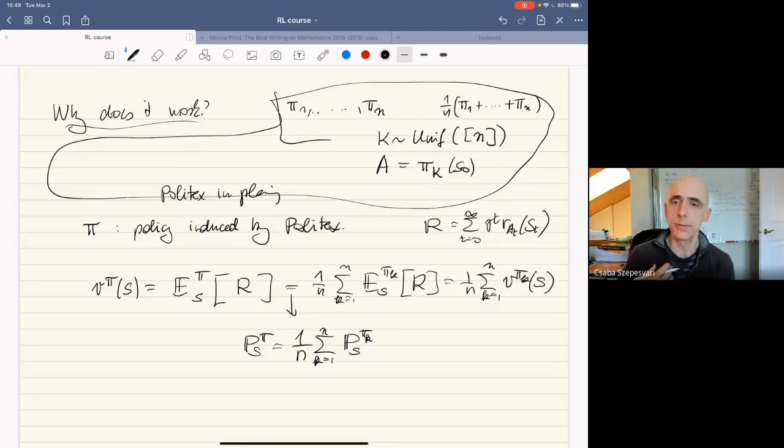So if you want to prove that Polytech induces a policy with a high value, it is sufficient to prove that the average value of the policies induced is high.